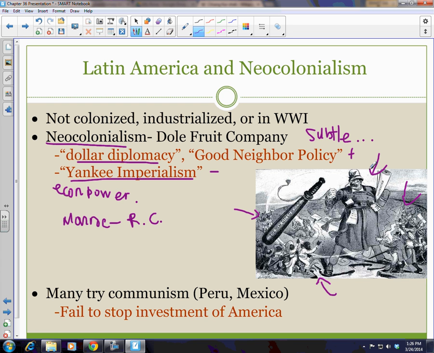So there was a little bit of military intervention, and the United States would talk about how this was just America trying to protect its interests. Americans controlled money, infrastructure, and they used Latin America for low skill labor.